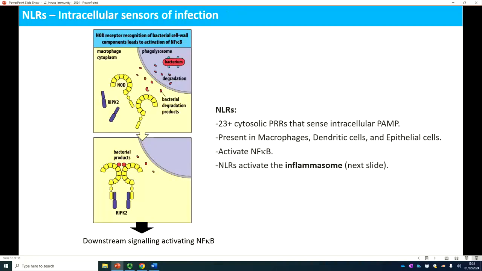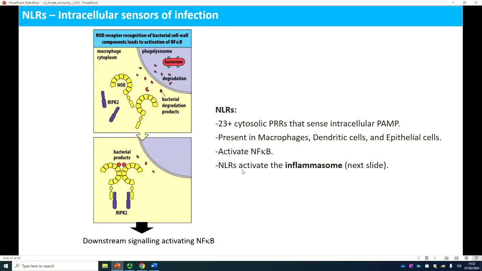If we switch now to look at our NOD-like receptors, we've got about 23 plus cytosolic pattern recognition receptors that can detect intracellular PAMPs or DAMPs. They're present in macrophages, dendritic cells, but also epithelial cells. And again, like the TLRs, they activate the NF-kappa B transcription factor.